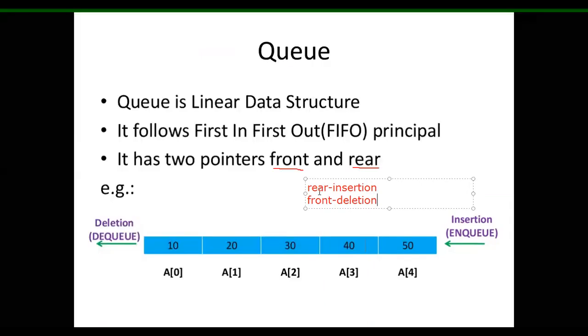And next, what is the use of front pointer? What is it used for? To delete an element. So which position can I delete an element? Correct, the element which is entered first should be deleted. So how can I access in that order? I can keep a pointer, that is which element is entered first, and I can get that from the front pointer. So rear pointer I can use for insertion and front pointer I can use for deletion.